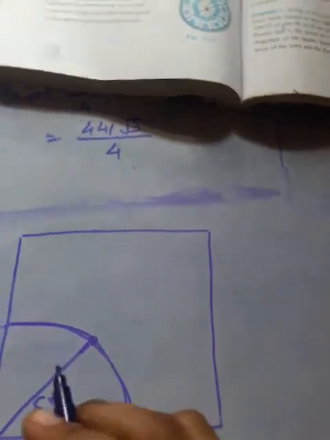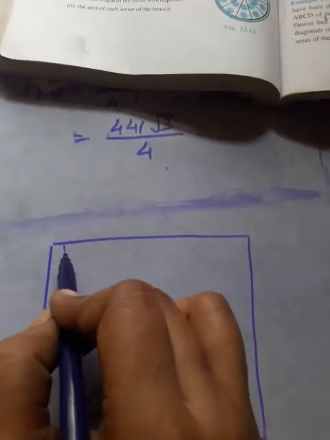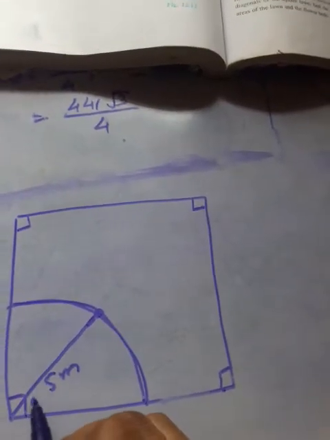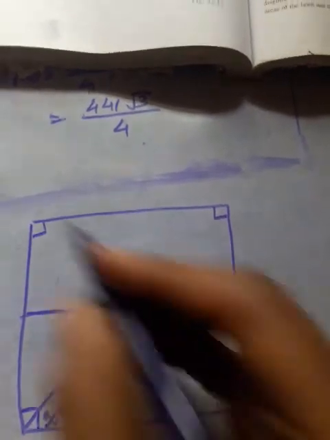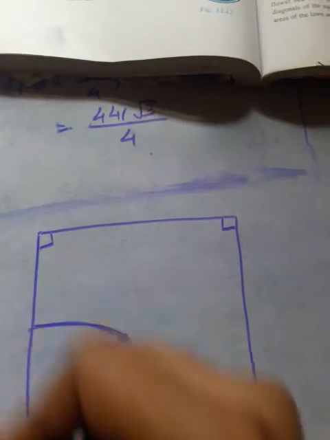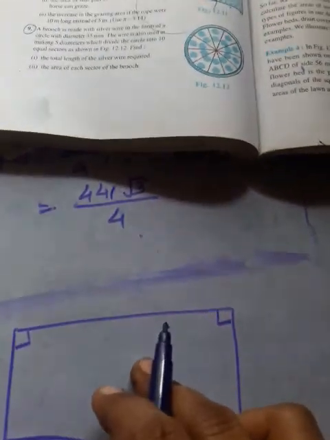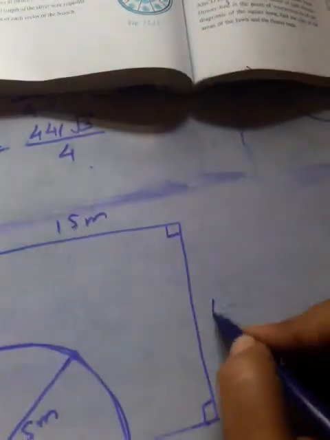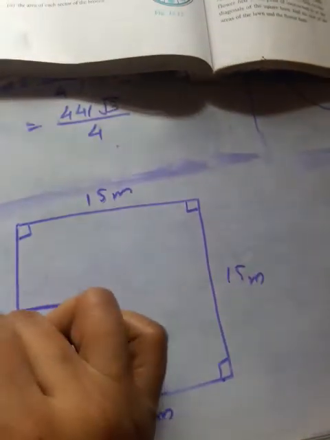Horse is here. Now firstly we have to find the area of this sector. But what is the angle? Here the square is given, means every angle is 90 degrees. So we can use the area of quadrant formula directly. Sides of the square are given, 15 meters, all sides equal.